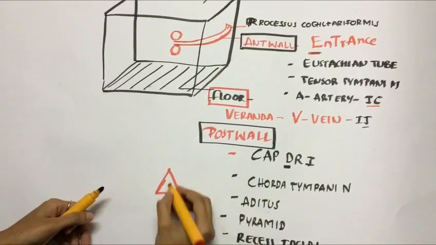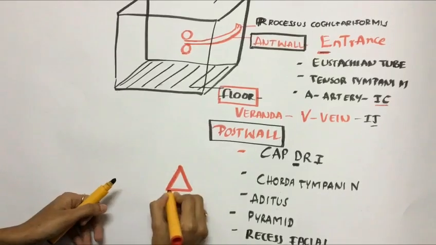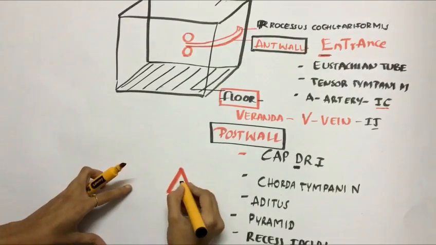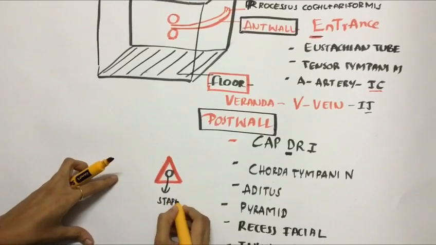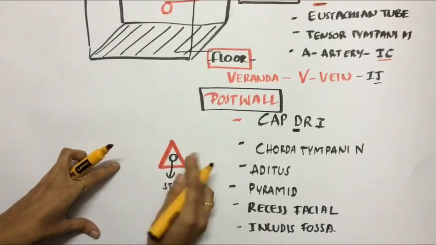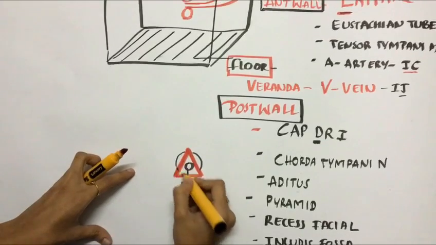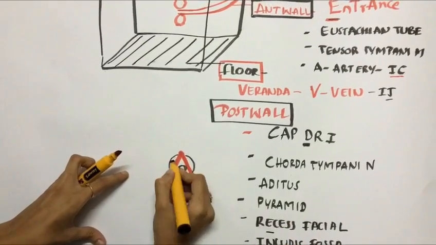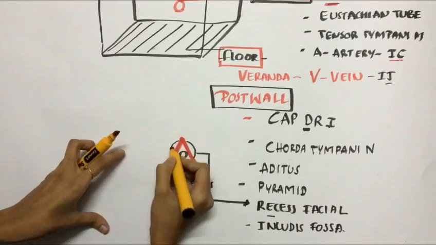In the posterior wall, there is a pyramid, right? The pyramid is a bony projection. It has an opening through which the stapedius muscle passes. Behind the pyramid, there is a space that is the facial recess. Facial recess is behind the pyramid.